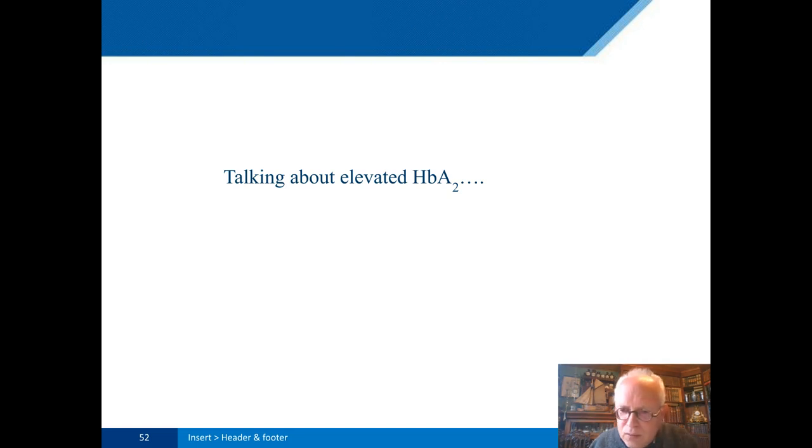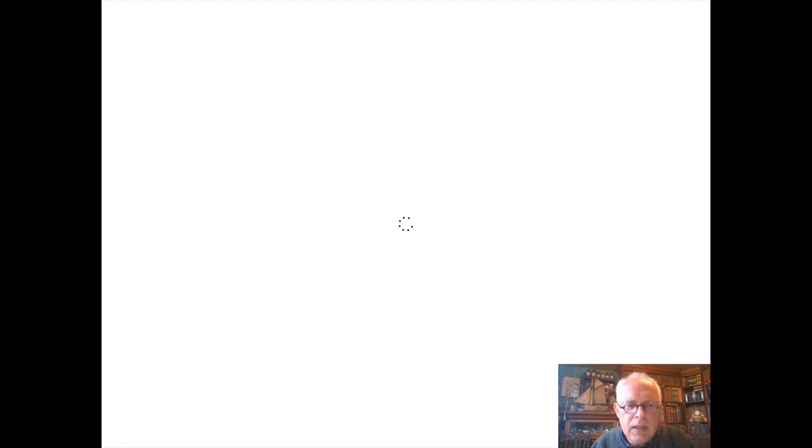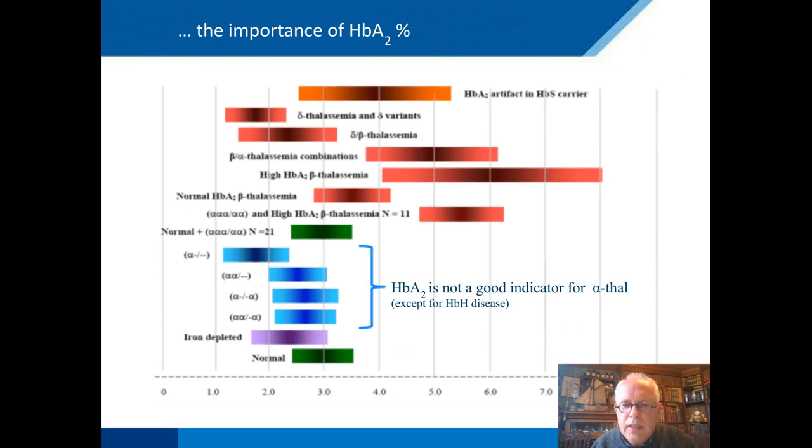Talking about elevated A2, there are a lot of stories going on about the importance of hemoglobin A2. We know it's elevated in the beta thalassemia carrier, but also many people ask, if beta thalassemia trait goes with elevated A2, does that mean that alpha thalassemia trait goes with a decreased hemoglobin A2? Well, from this picture, you can see that actually iron depletion is lowering the A2.